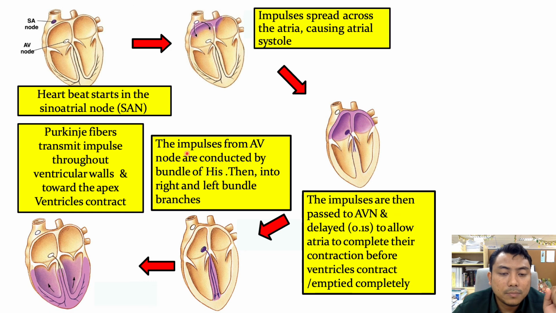And then the impulse from AV node are conducted to bundle of His, ni adalah bundle of His, then into the right and left bundle branches, and finally to the Purkinje fibers that it will transmit the impulse throughout the ventricular walls and toward the apex, and the ventricles will start to contract daripada bahagian bawah.